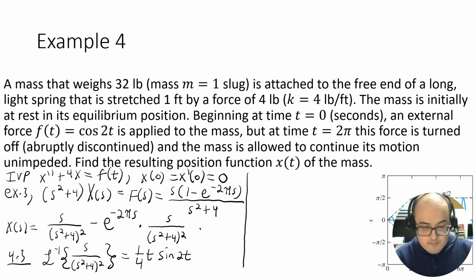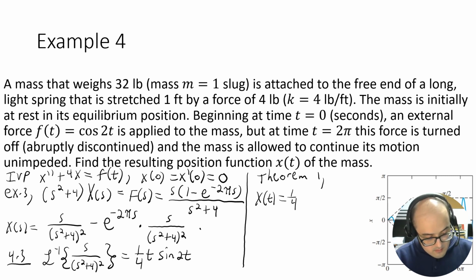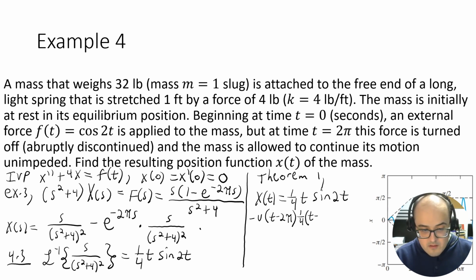Okay, so from theorem 1, our function x of t would be 1/4 times t times the sine of 2t minus u of t minus 2 pi times 1/4 times t minus 2 pi times the sine of 2 times t minus 2 pi.